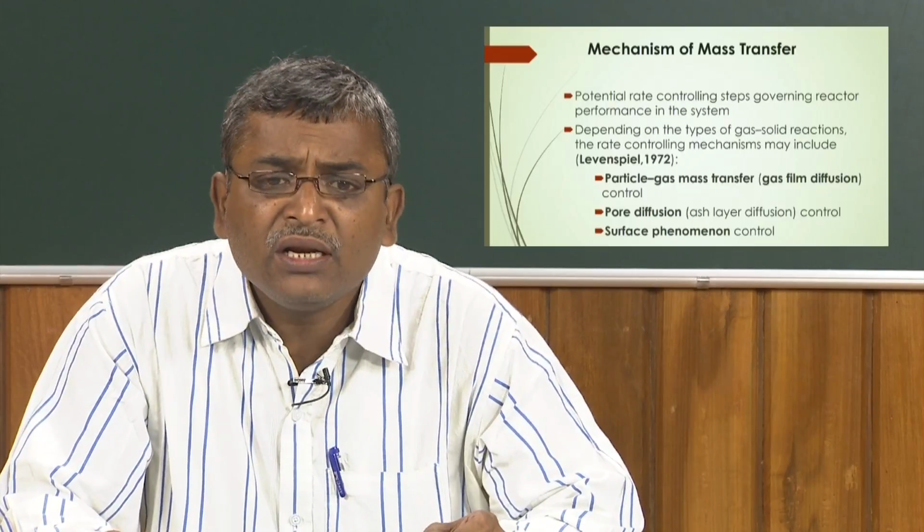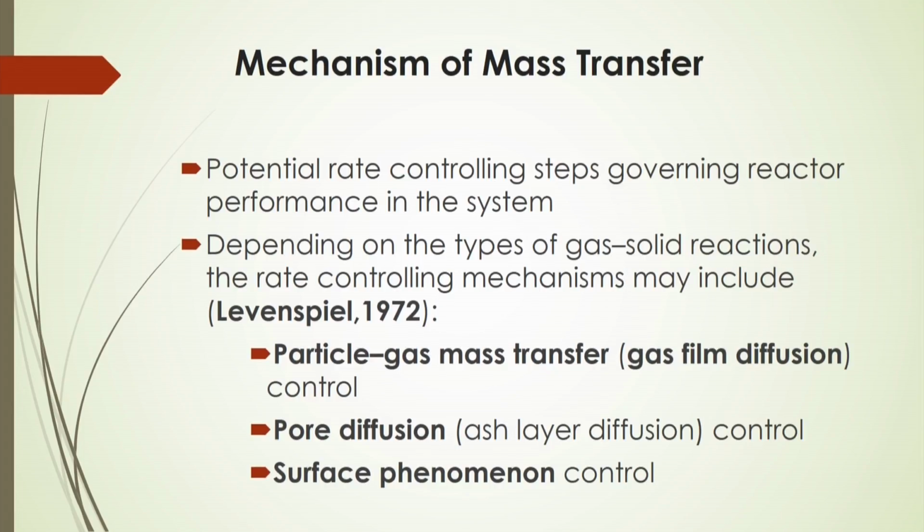Now, what should be the mechanism of mass transfer inside the bed? Generally, you will see that there will be some rate controlling steps that govern the reactor performance in the system.